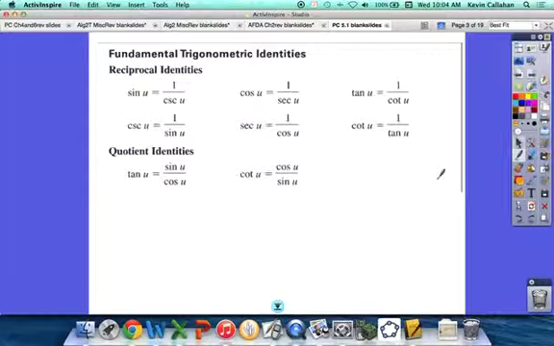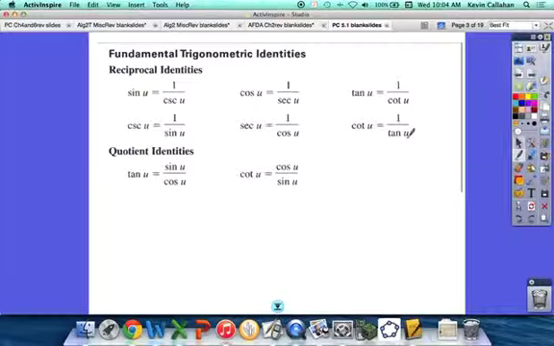So I think these should be very familiar. And you notice that, I don't know what the reason is, but they tend to use the U for the angle in all these things. You could just as well say theta or X or whatever, and sometimes they do in the problems.